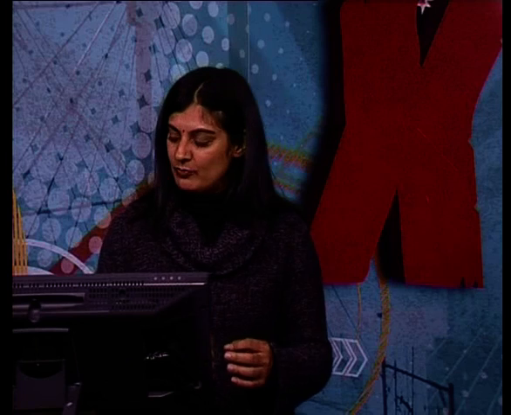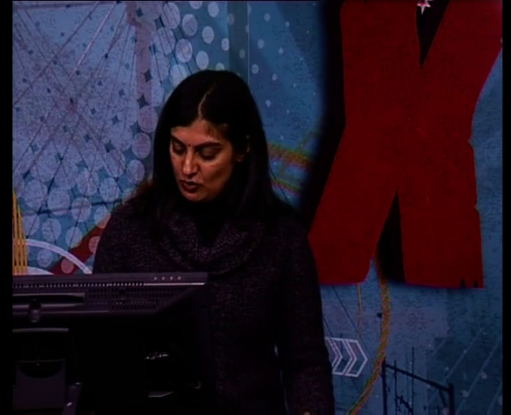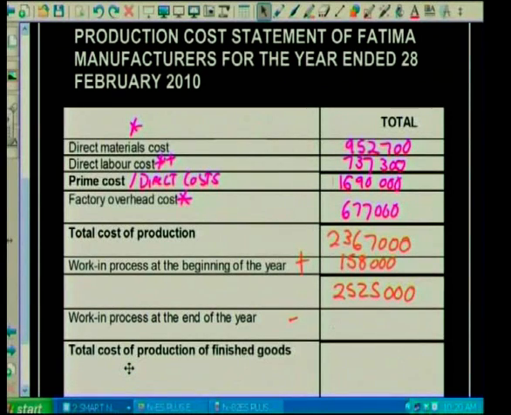Right, remember people, if it's not given to you, then we obviously need to think a bit, think out of the box. How am I going to calculate my work in progress stock at the end of the year? So let's now go to our answer sheet and try to work this out. Work in progress at the end of the year is not given to us.